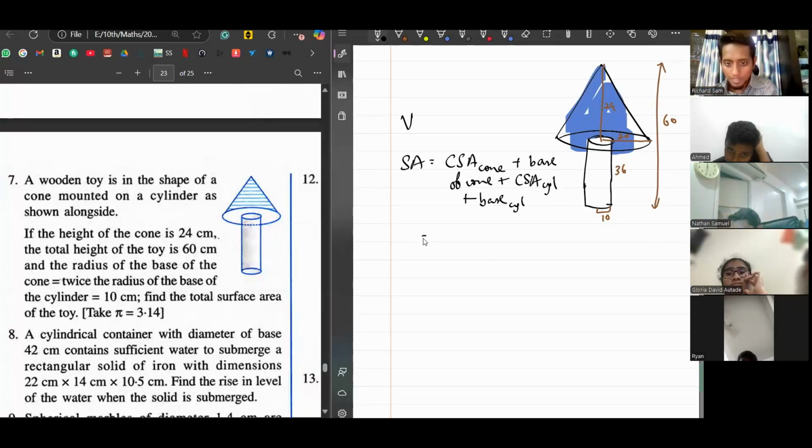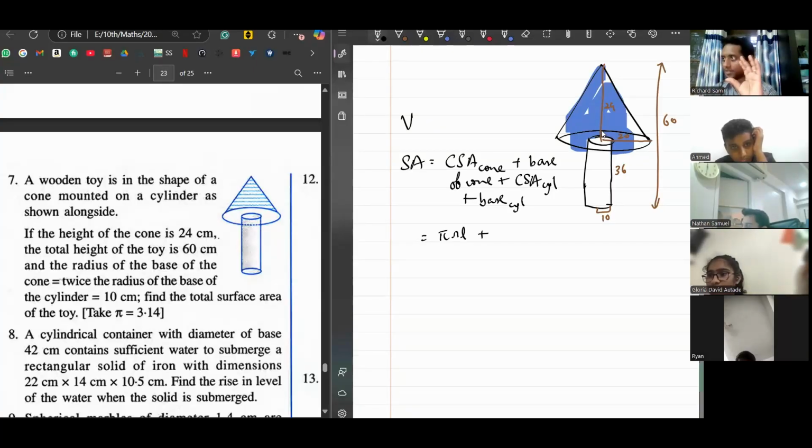Okay, now formulas for each. What is the curved surface area of a cone? Pi RL. That's the formula. Plus the base of the cone. Pi r square is the whole circle, the whole base, but now you've taken out a portion of it. So it's the area of the outer ring minus the area of the inner ring.